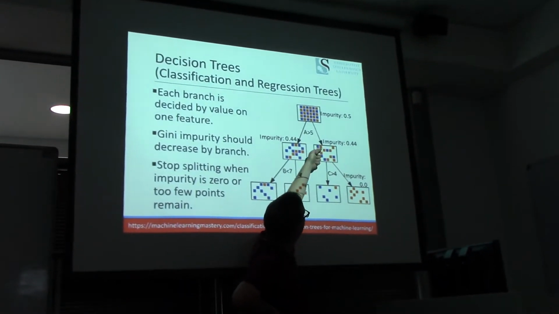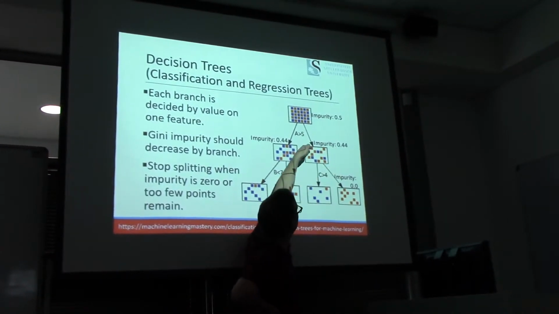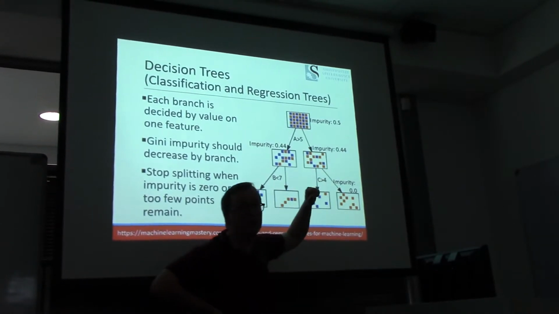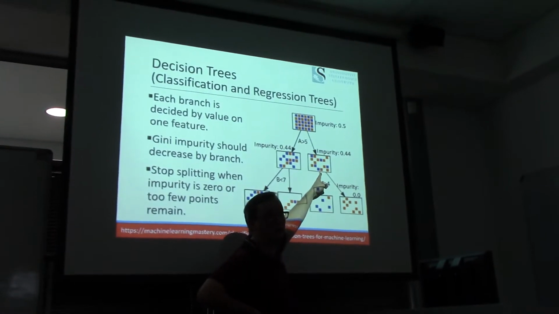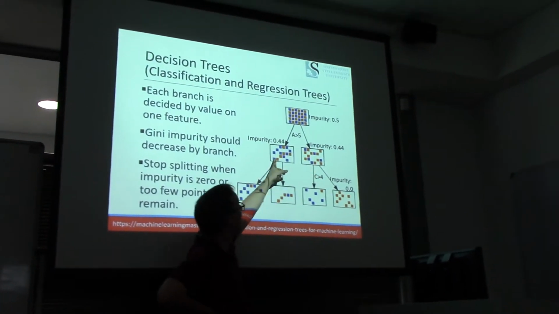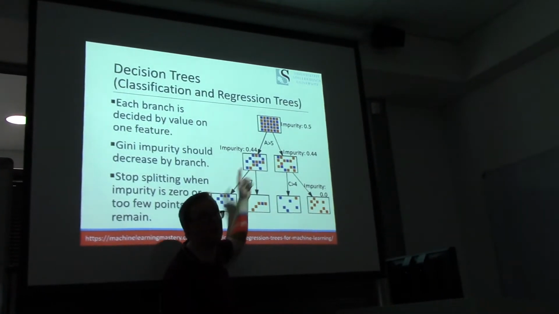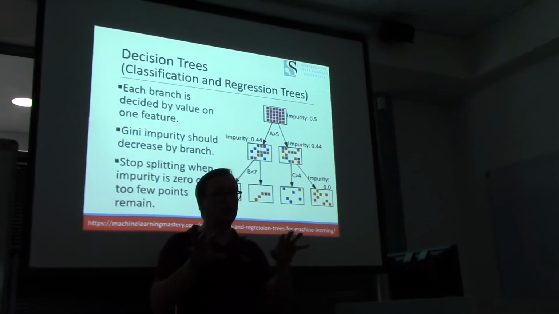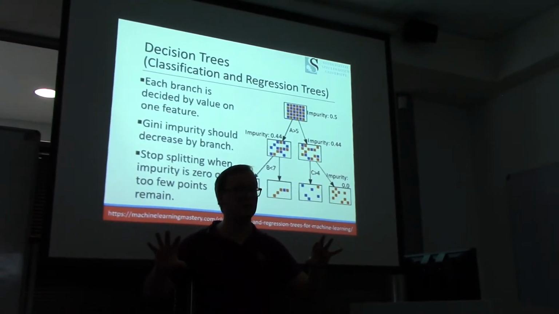Now we have 5 blues on the right against 10 oranges. So 2/3 of this population are orange, 1/3 is blue. Over here we have exactly the opposite: 10 blues and 5 oranges. So asking the question about just one feature gave us a start to separating these two populations. All good?